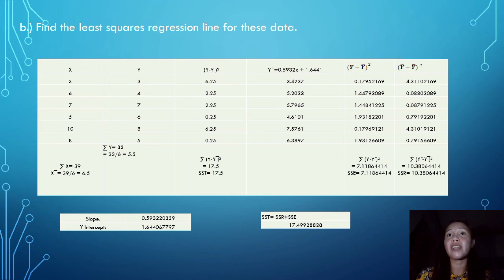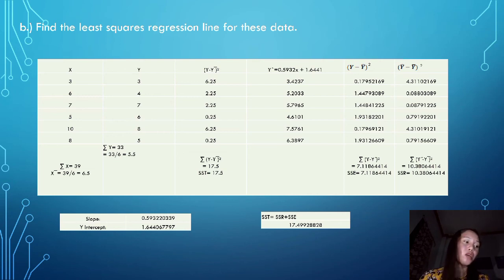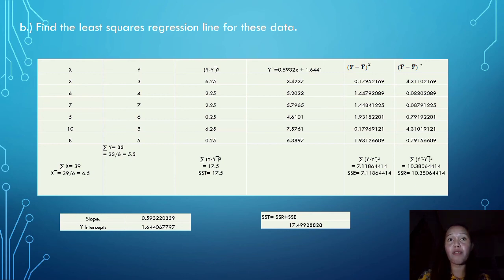10.38064414 or 10.38. After all the calculation of the x and y variables, the sum of squared total is equal to 17.5. This is the formula: sum of the squared total equals sum of the squared regression plus sum of the squared error.